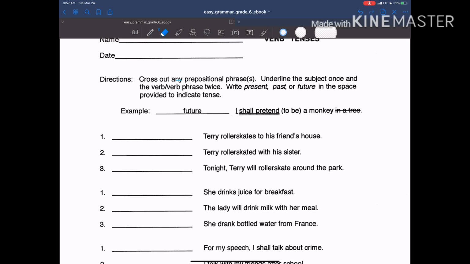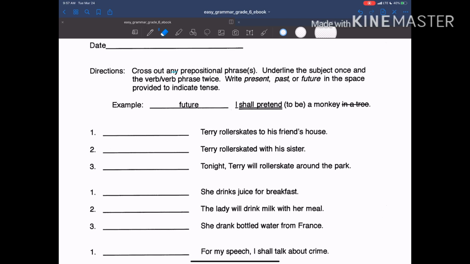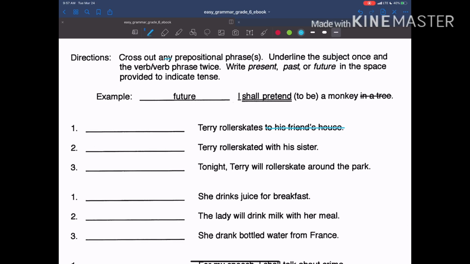Terry roller skates to his friend's house. Okay, do we have any prepositional phrases in this sentence? Yes, we do. To his friend's house. So we're going to cross that out. Okay? What is our subject? Our subject is Terry. And what is Terry doing? He roller skates.